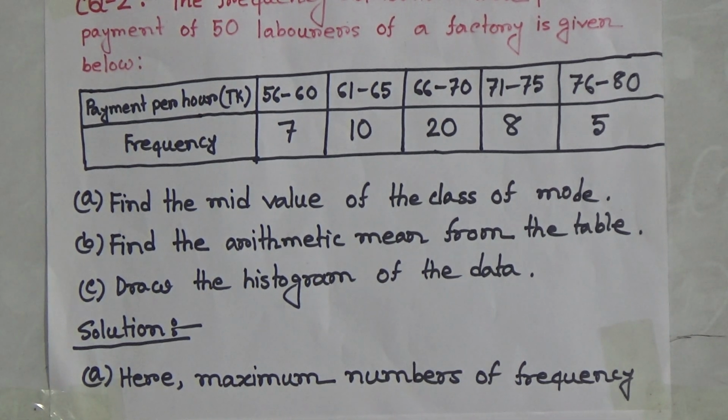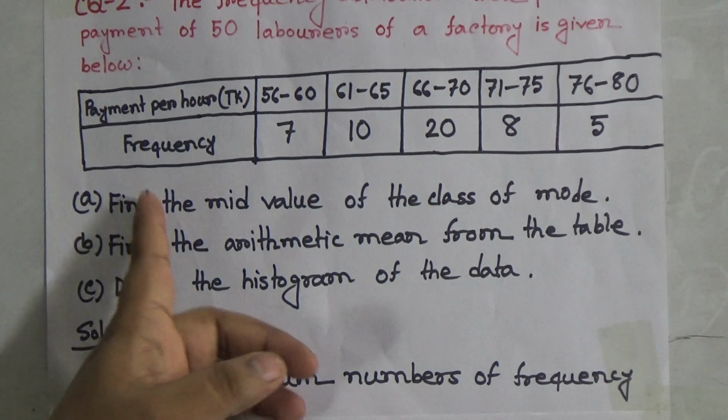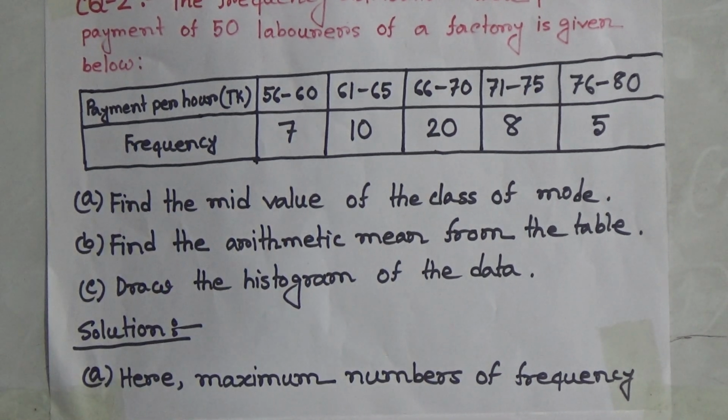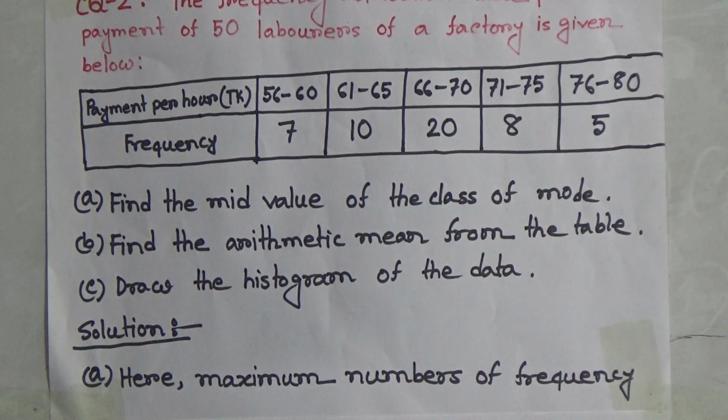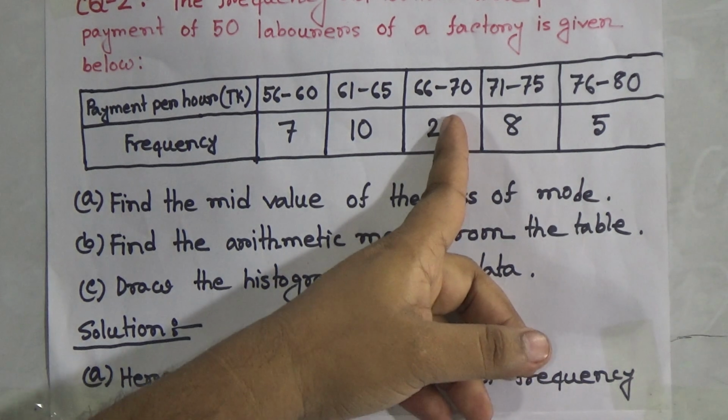So my dear students, notice question A: find the mid value of the class of mode. First of all we need to find out which class contains the highest frequency, that means the highest number of laborers. Notice here the frequencies are 7, 10, 20, 8, 5. Among these frequencies 20 is the largest number.